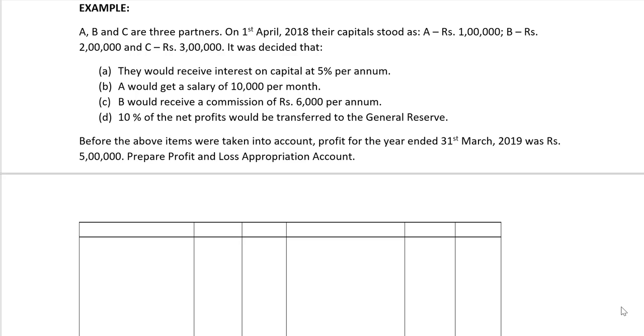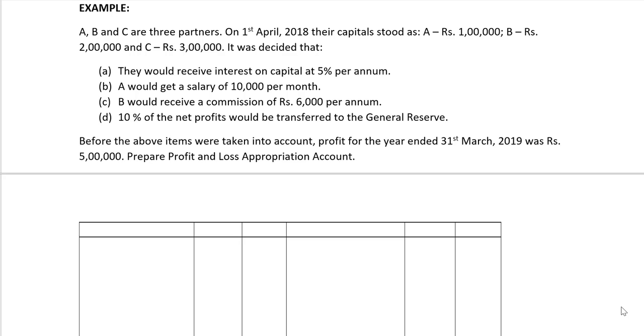Example: A, B and C are three partners. On 1st April 2018, their capitals stood at A rupees 1 lakh, B rupees 2 lakh and C rupees 3 lakh. It was decided that they would receive interest on capital at 5% per annum. A would get a salary of 10,000 per month.